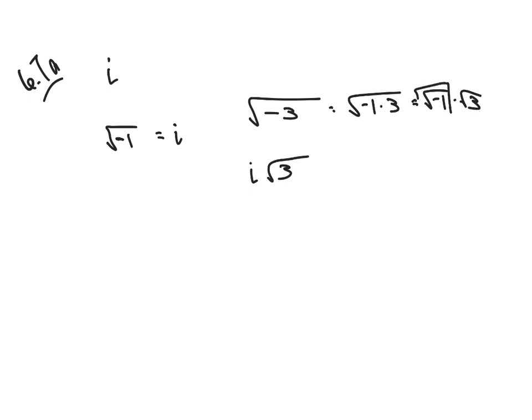And if the square root of -1 is I, then I just write I, and I have the square root of 3 left over. So the square root of -3 is I, square root of 3.